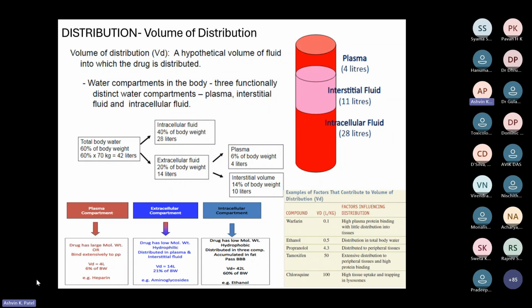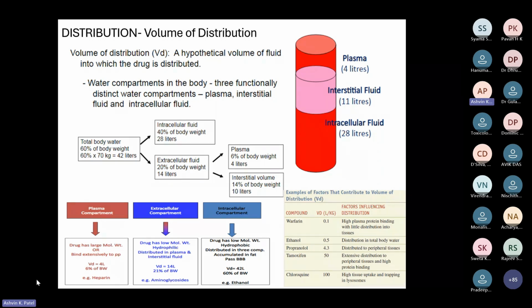In the intracellular compartment, the drug has low molecular weight, is hydrophobic or lipophilic in nature, is distributed in all three compartments, and may accumulate in fat or pass the blood-brain barrier. An example is ethanol.